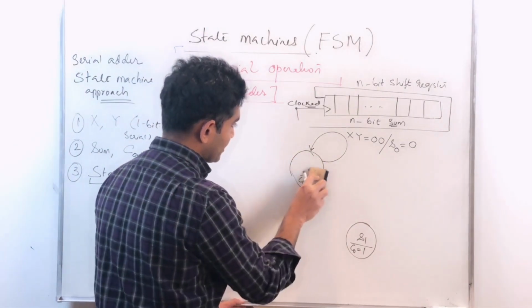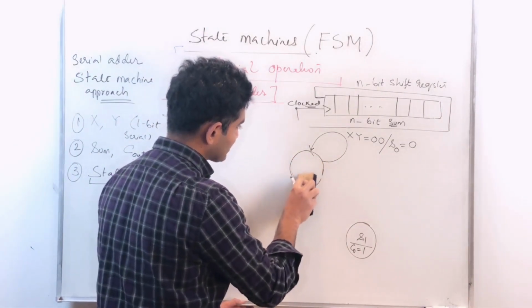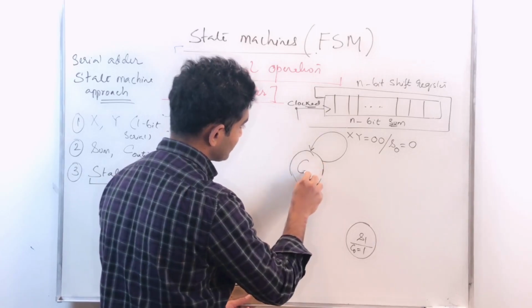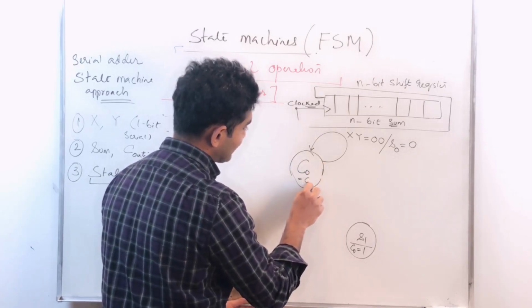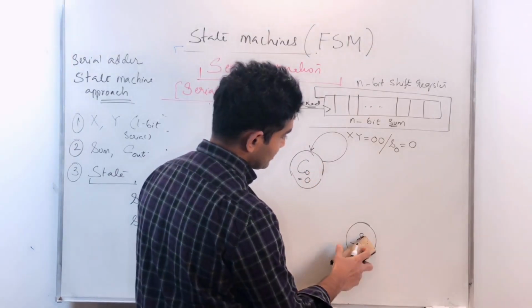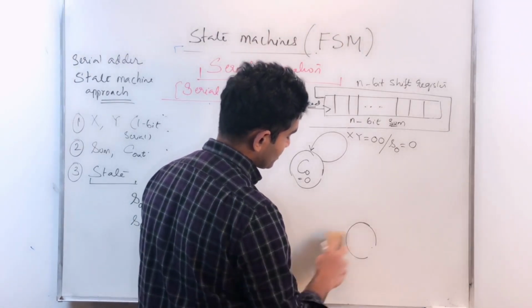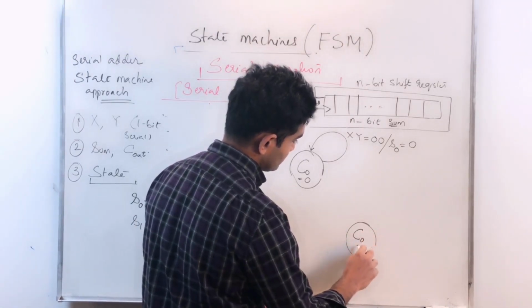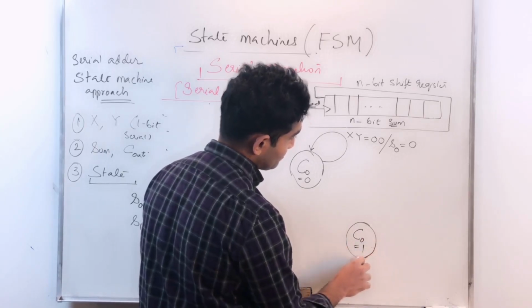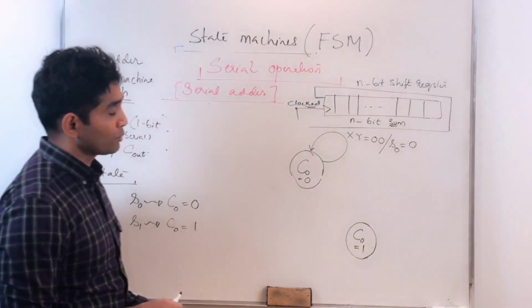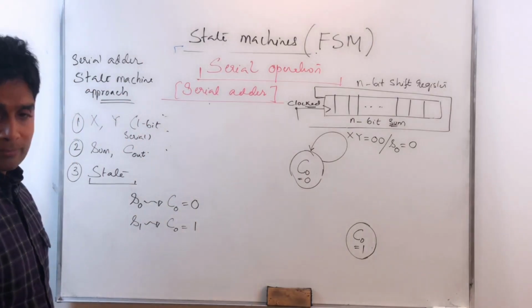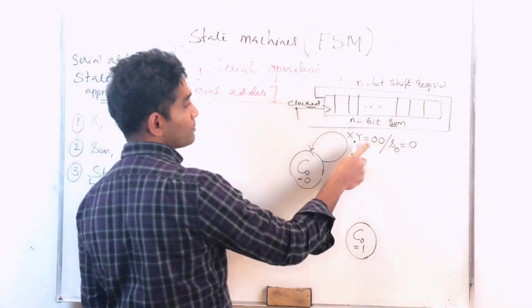Although this looks like a Moore type, let me not do that. So let me call that C0. That's the state defined as C0 equal to 0. This is a state defined as C0 equal to 1. Okay. My outputs are still S0 and S1, right? So xy equal to 0, 0.